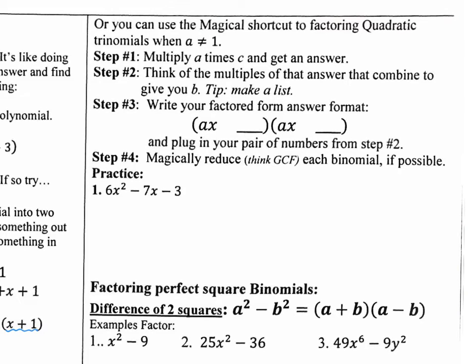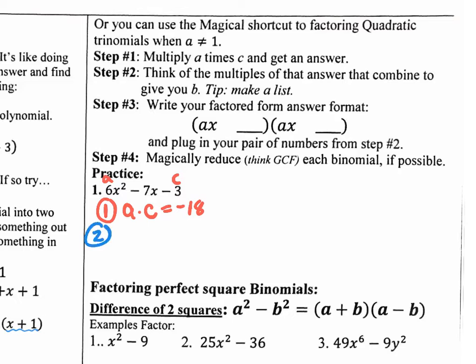Same first 2 steps, but instead of changing a trinomial to a polynomial, what we do is jump right into the factored form format with ax and ax. And then after that, we magically reduce both binomials by their GCFs. So step 1 is to multiply a times c. What's a times c? Negative 18. All right.